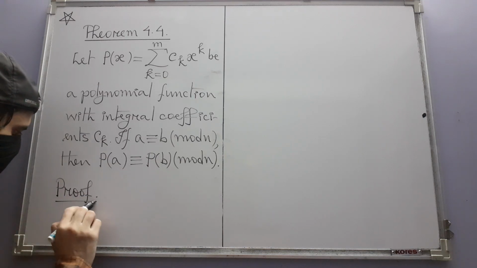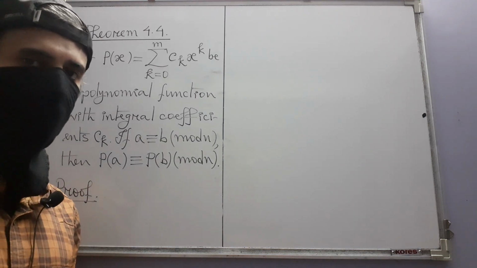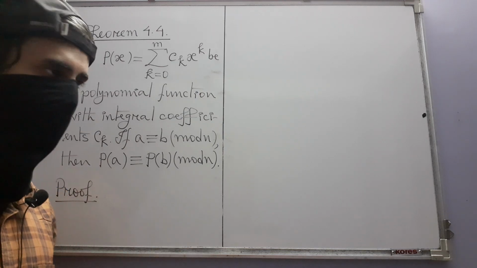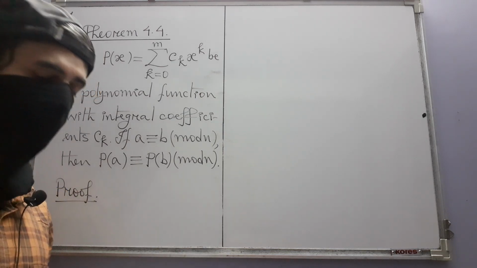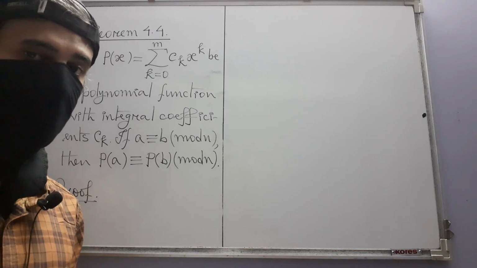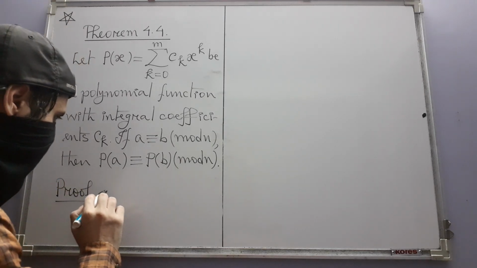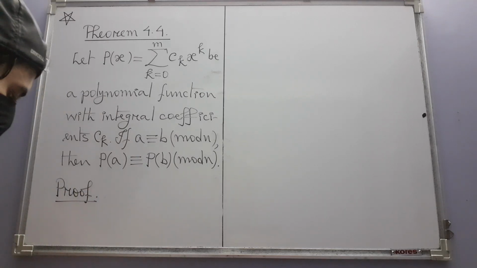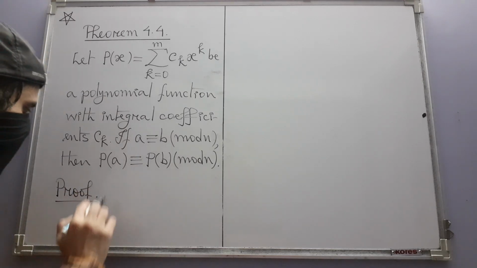The proof is simply several applications of the parts of theorem 4.2, where we saw the basic properties of congruences, and specifically part F of that theorem.